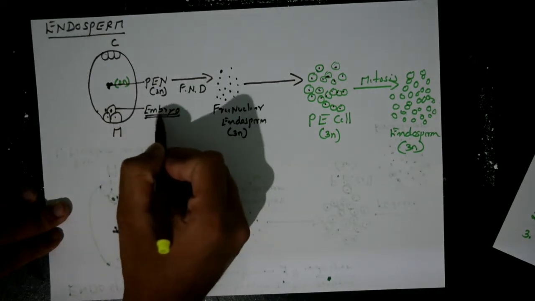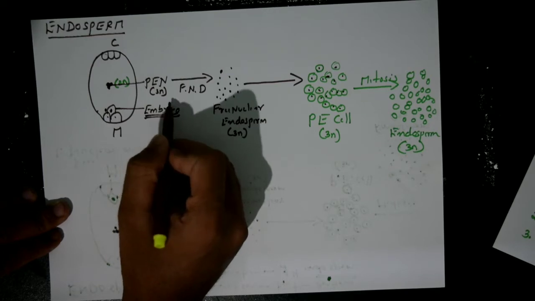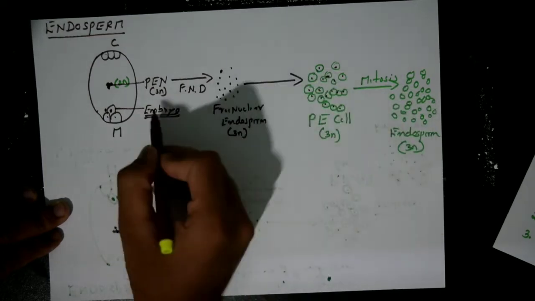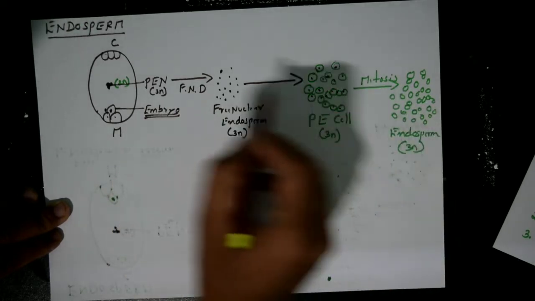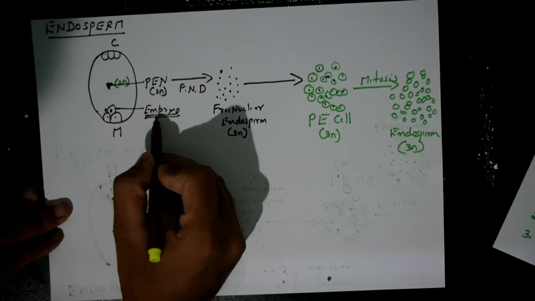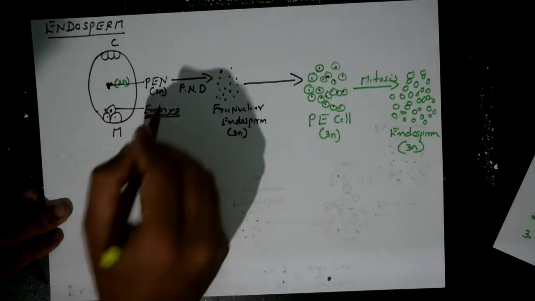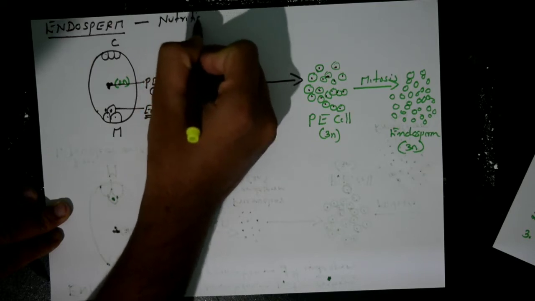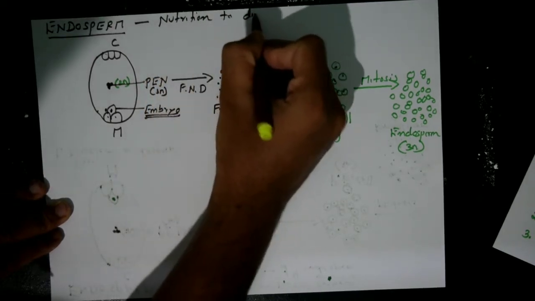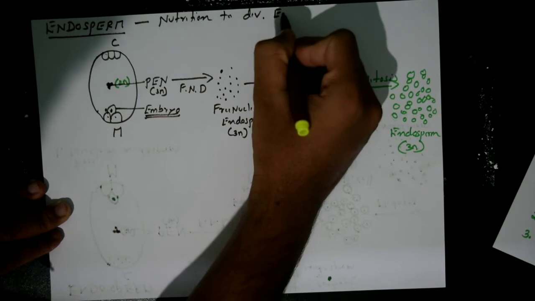So ultimately the embryo is produced. For this embryo someone should provide the nutrition, otherwise the formation of the embryo will not take place. So endosperm will provide nutrition to the developing embryo. This is the major function of endosperm.